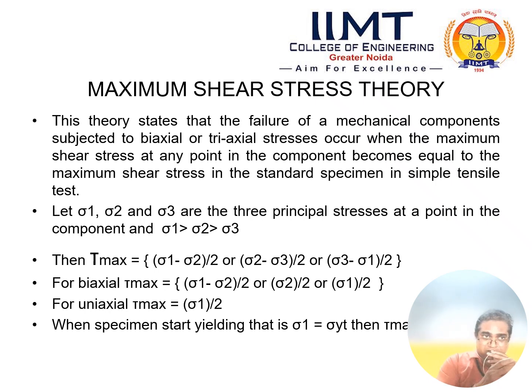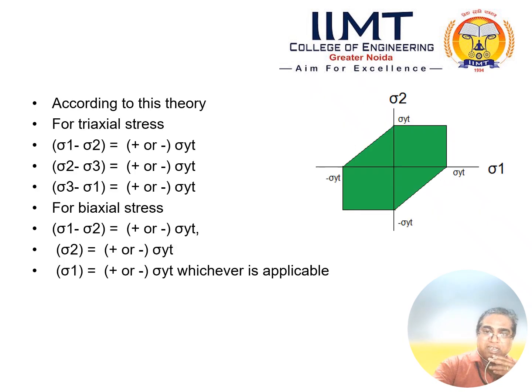If the standard specimen is tested on the UTM machine, then that component is going to fail when sigma 1 reaches sigma yt. So for that, the maximum shear stress is sigma yt by 2.